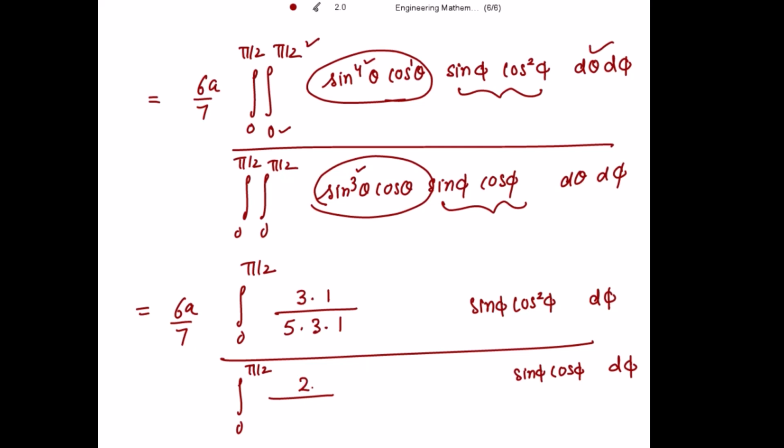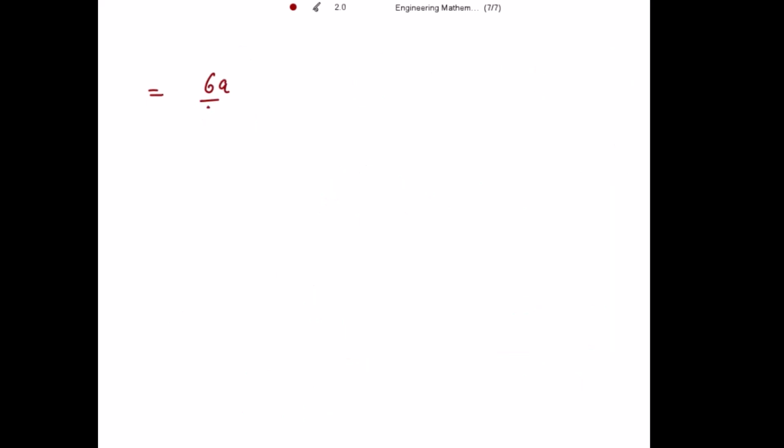Then divided by, sum up the powers of both these two. So 3 plus 1, that is 4, into, now subtracting even number from this number. So 4 minus 2, 2, and 4 minus 4, 0, that's okay. Stop here. So cancelling this 3 with this 3, this 2 with this 2, and we get 1 by 5 divided by 1 by 4, that is 4 by 5. So this is 6a divided by 7 into 4 by 5.